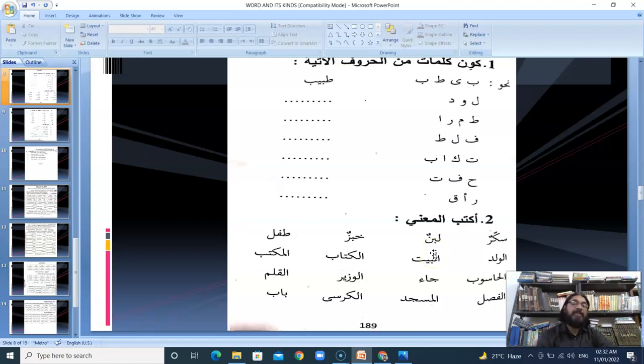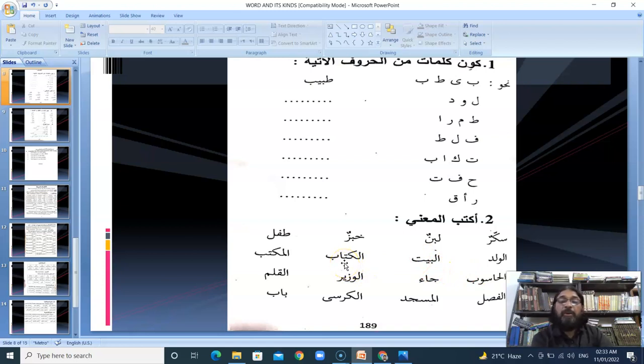Then after that, some meanings also you have to memorize. Sukkarun, uktub al-ma'na, write the meanings. Sukkarun, little sugar. Labanun, little milk, some milk. Khubzun, a bread. Tiflun, a child. Al-waladu, the boy. Al-baytu, the house.